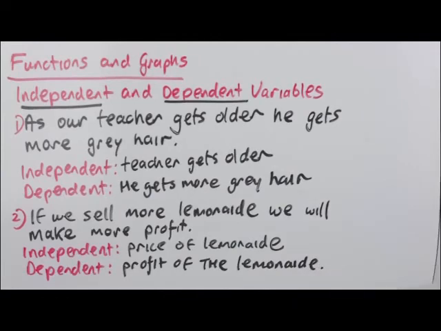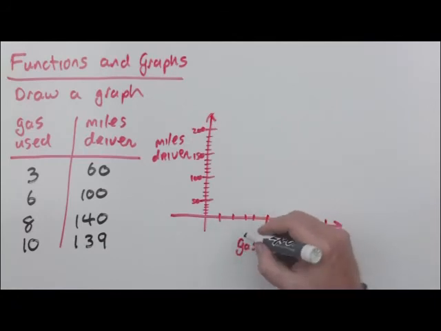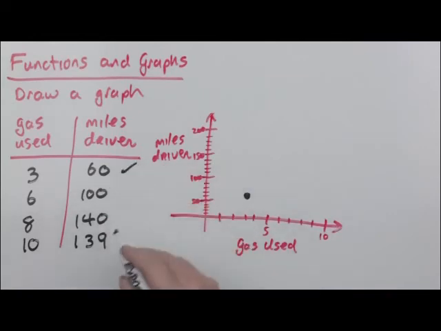Great. Let's look at an example where we're going to graph a function. Here's a function that it's gas used and miles driven. I'm going to put another one in here for the sake of our graph to make it look right. So let's see. When we go 3 gallons, that's going to be 60 miles. That's that point, 3.